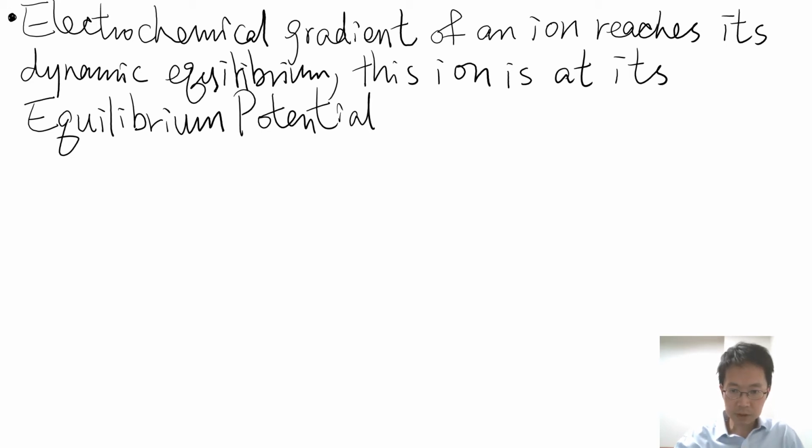We call it E ion. And equilibrium potential can be calculated by something called the Nernst equation. Okay, Nernst equation.